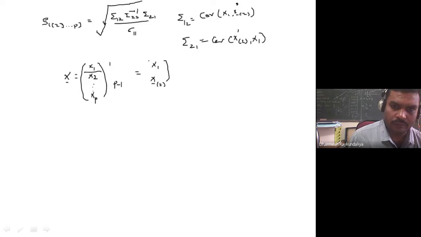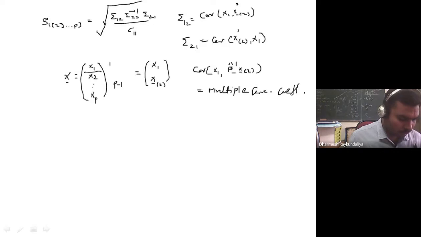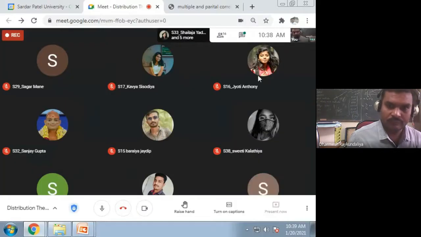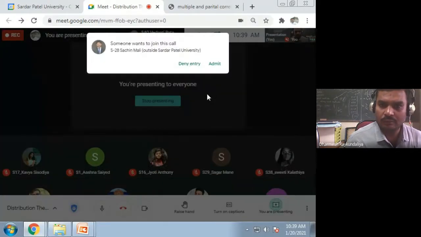If I am interested in the correlation between x1 and some linear combination of x2, it is nothing but the multiple correlation coefficient.